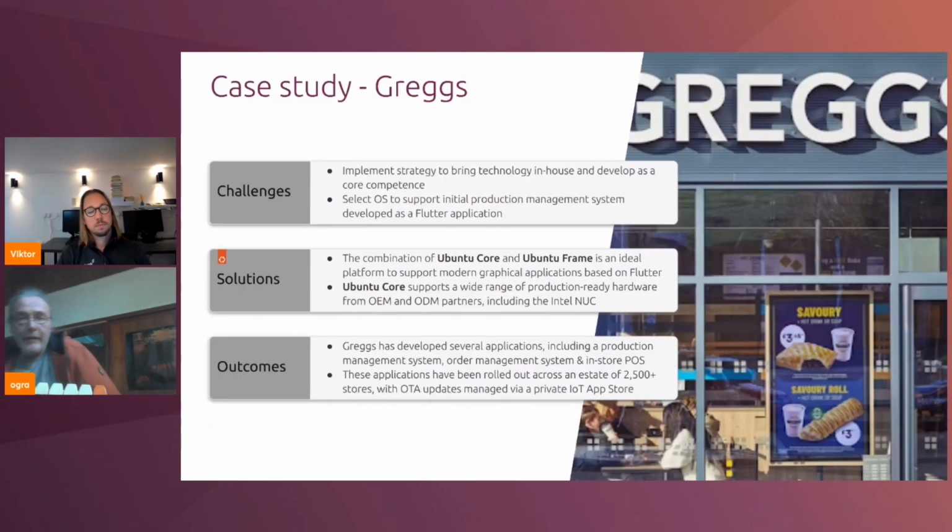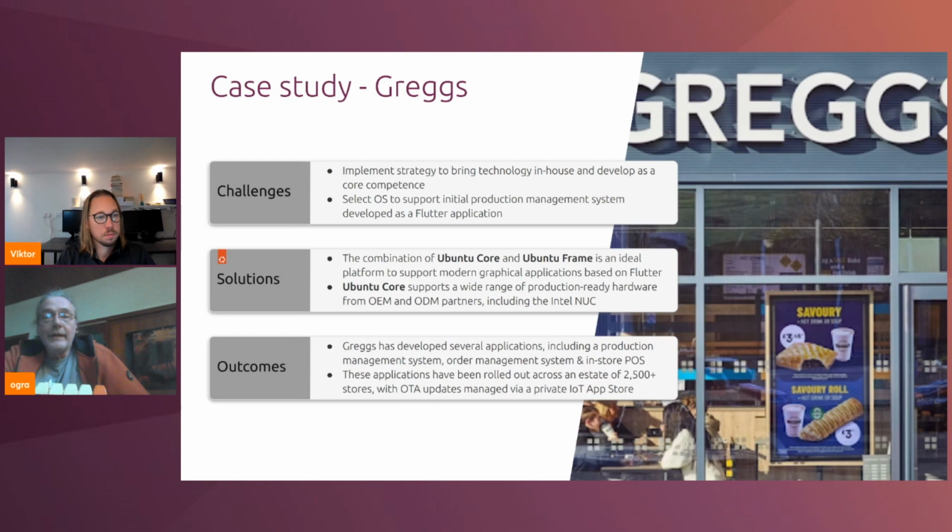So Canonical, the company behind Ubuntu, has actually worked with several other companies that do digital signage, on the counter, and for their vending and for their point of sales systems. And one of these is Greggs. Greggs is a giant British chain of bakeries that is spread all over Great Britain.